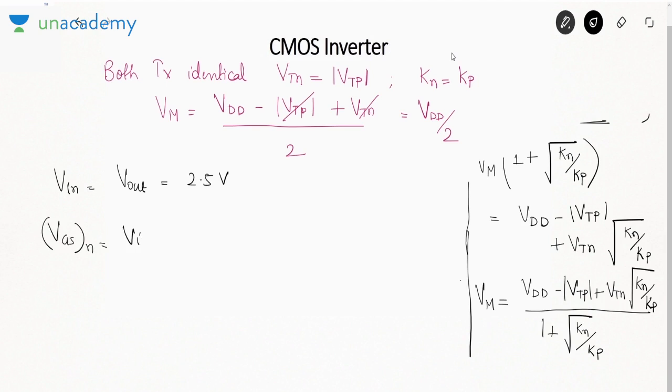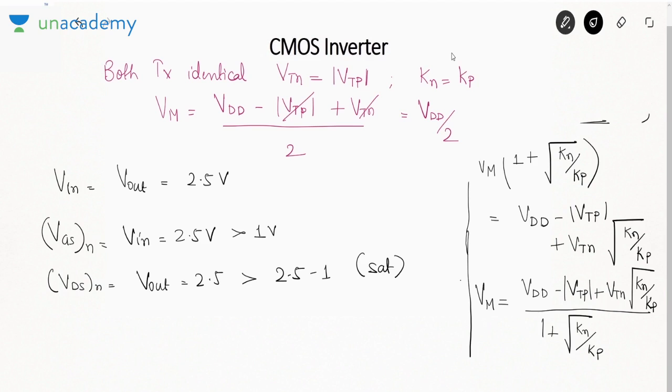It is Vin, 2.5. Let me assume that the threshold voltage is 1 volt. And what about VDSN? It is Vout, which is 2.5. It is greater than 2.5 minus 1. That is saturation.